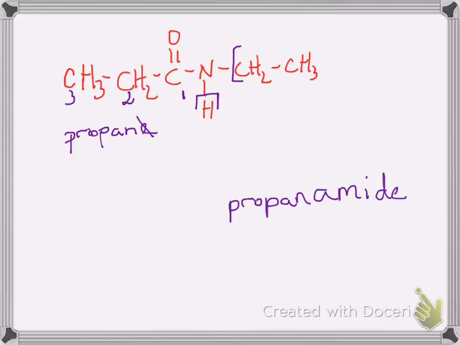But I do see a group hanging on the nitrogen on another bond, and this is an ethyl group. The way we write this in nomenclature, because it's attached to a nitrogen, I just put the letter N and the group attached to it. And so this molecule is called N-ethylpropanamide.